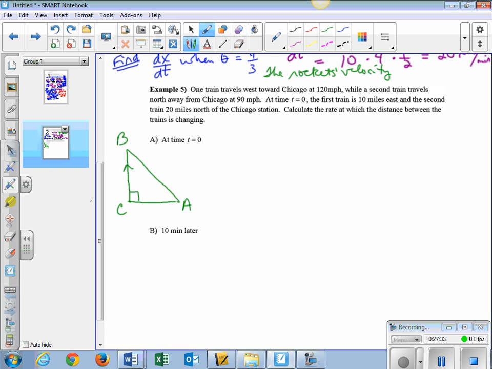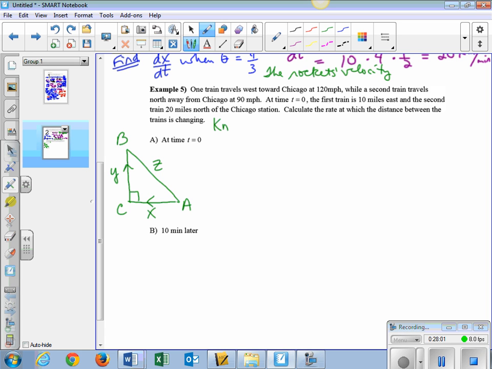So I know that that distance is getting larger, so that side's derivative would be positive. I'm going to call that side y. I'm going to call my hypotenuse z. And the other train is moving west, so that means it's getting closer to Chicago. So that distance between C and A is getting smaller, so that derivative, I'm going to call that x, should be negative because that one's getting smaller.